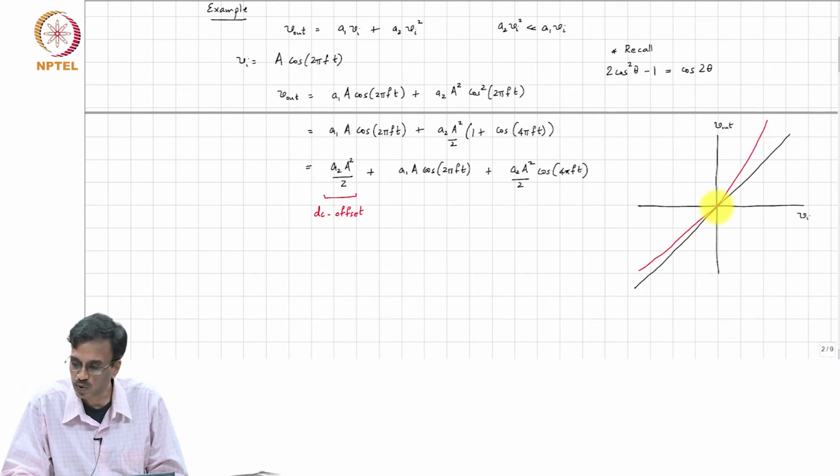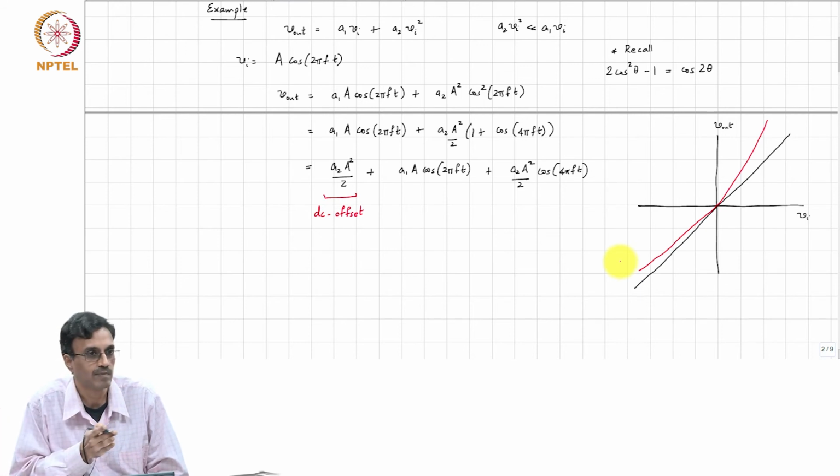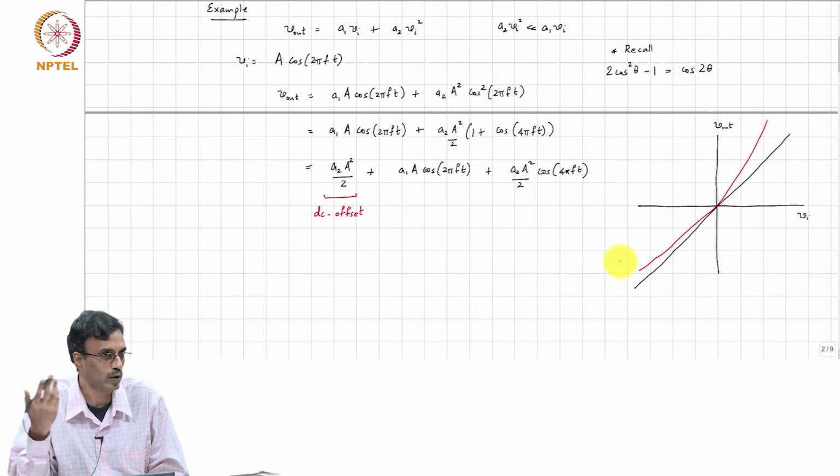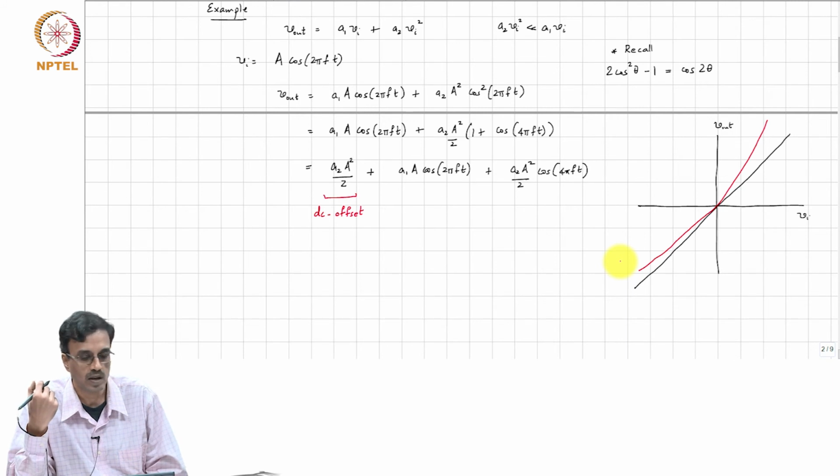And likewise, when the input is negative, the output is always larger than the linear output. So, since whether the input is positive or negative, you are always getting a value higher than what you put in, it basically means that there is DC offset.